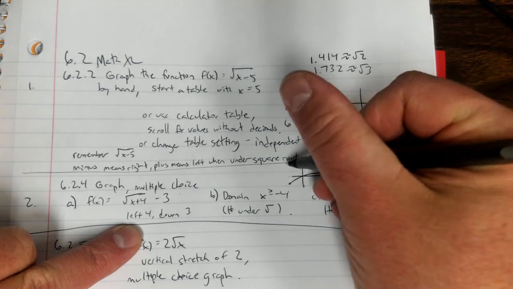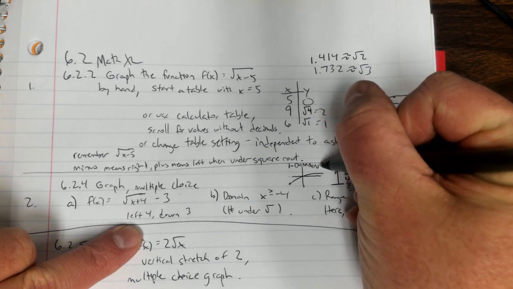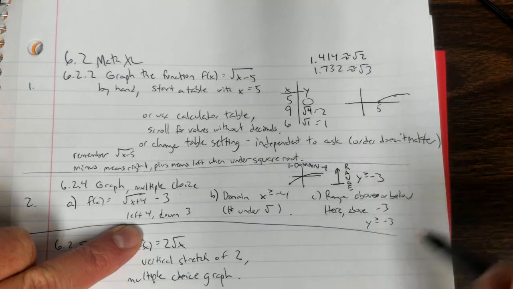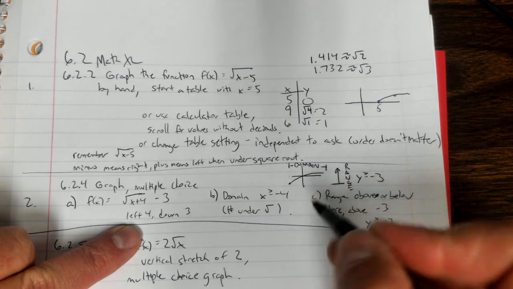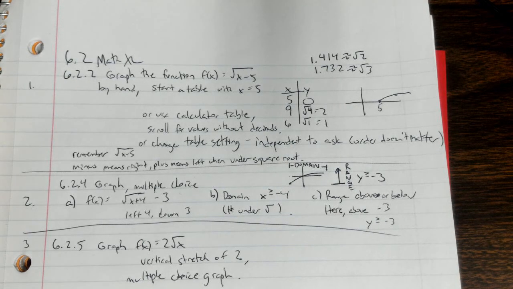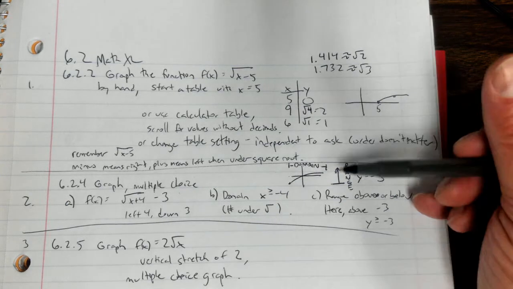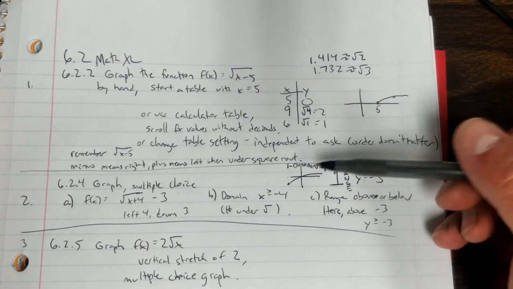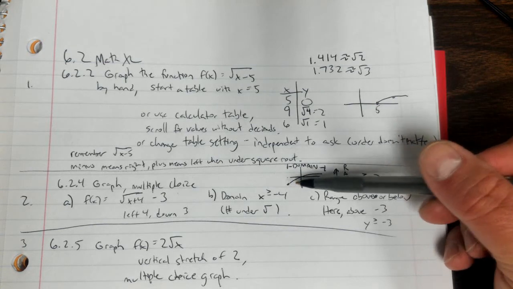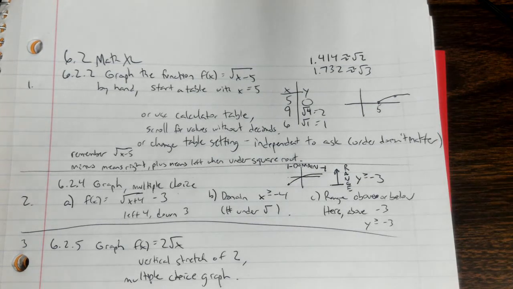And then your domain is this direction, from negative 4 to the right. So remember, your domain goes left and right. Your range goes up and down. In this case, we started at this low value and went up. So that's why it's y greater than or equal to negative 3.